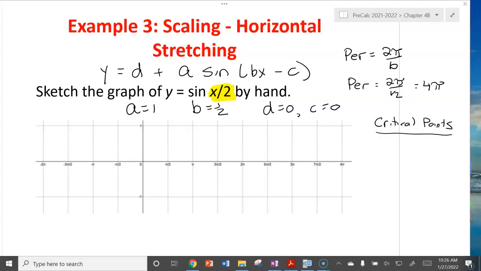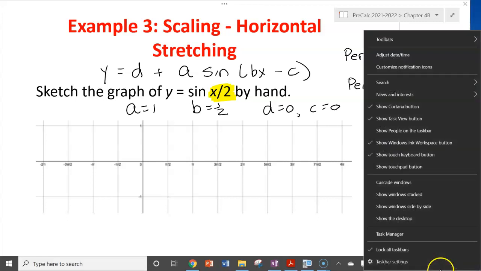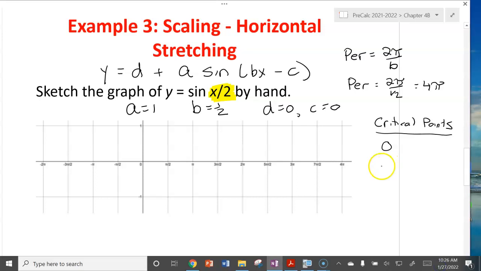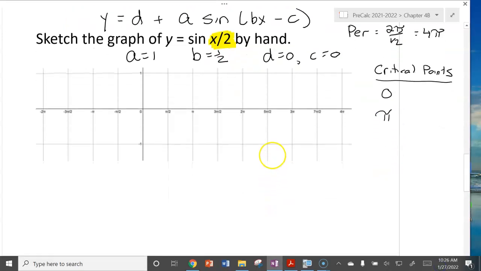I don't have any shifting, so I start at 0. But instead of going pi over 2 for the next one, divide 4 pi over 4, and I get pi. So I'm adding pi each time. Add another pi. Add another pi. Add another pi. So all I did is divide my period into 4, and that's defined my points.